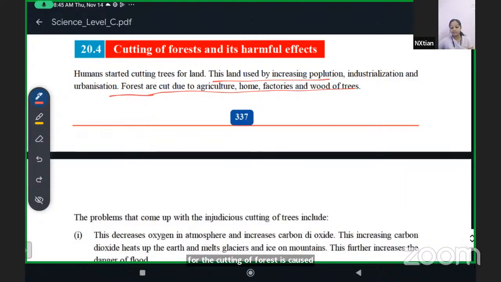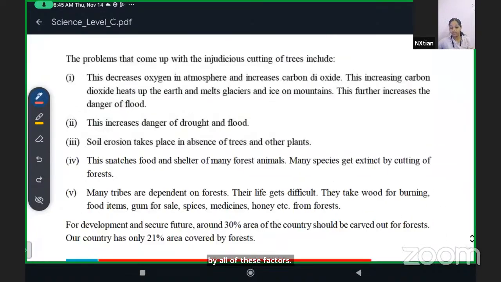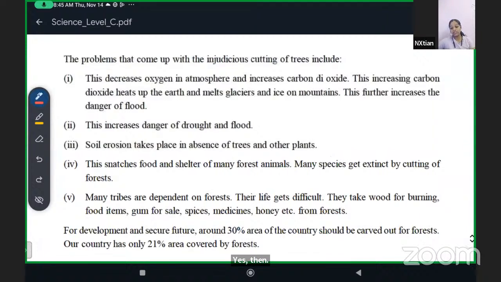Then there are problems that come up with the injudicious cutting of trees. What happens when trees are cut so rapidly? What are the problems that they cause? Now, this decreases oxygen in the atmosphere and increases carbon dioxide.